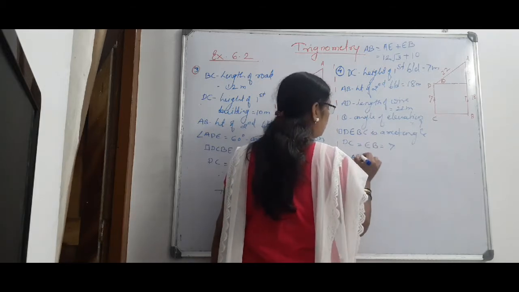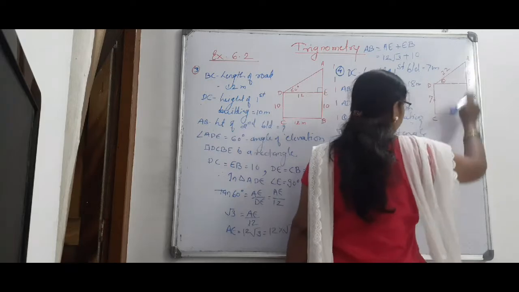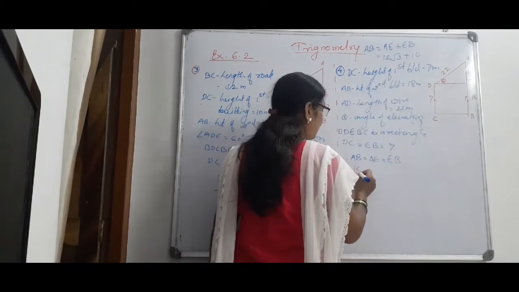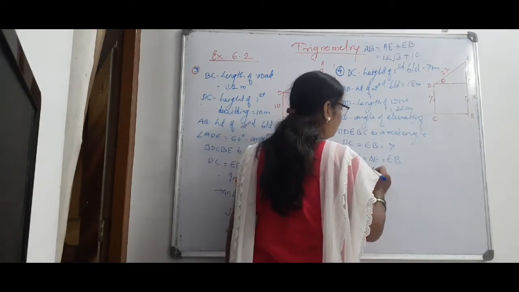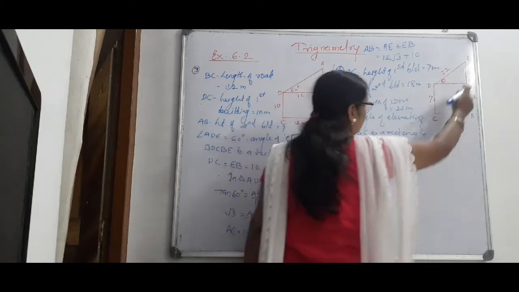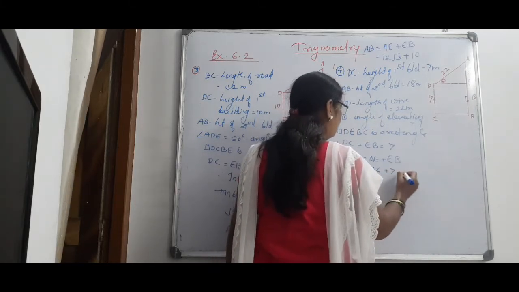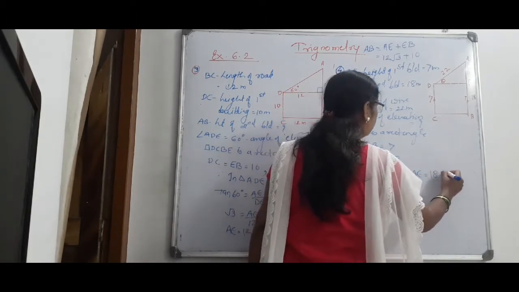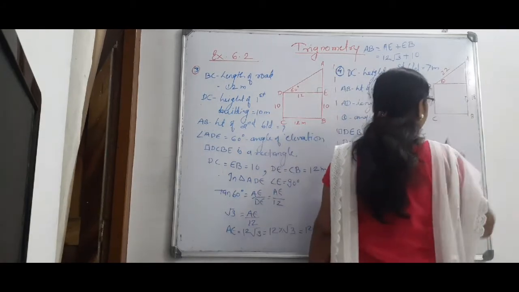AB is equal to AE plus EB. Now AB is 18, AE you have to find out, and EB is how much? 7. So what you get? Therefore AE is equal to 18 minus 7. How much? 11 meter. So AE is equal to 11.